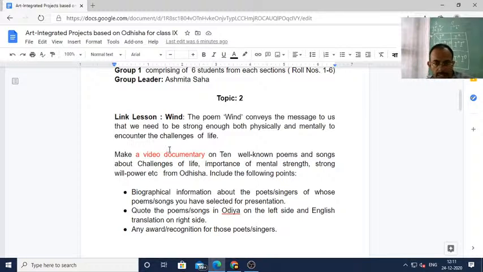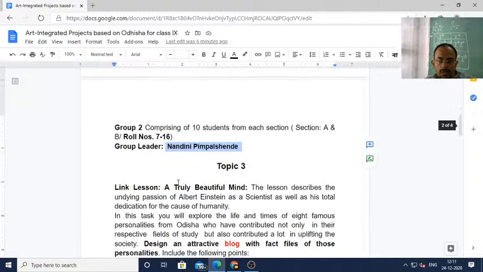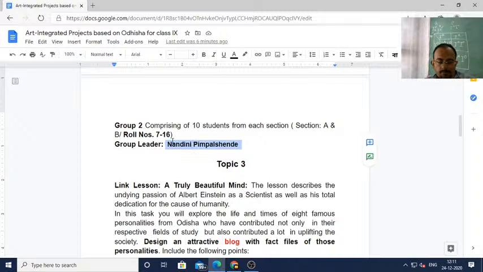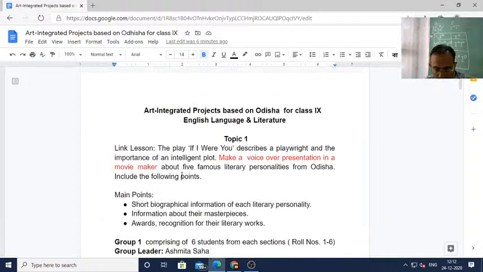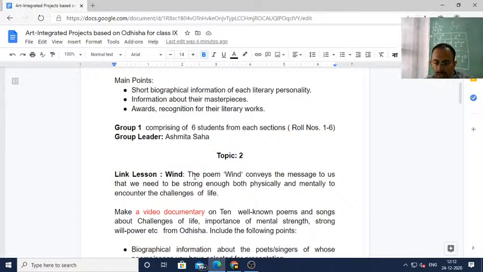I shall send to each group member the list of students according to roll number. I shall send to Asmita and Nandini the list of students from section A, and section B Patra sir will send you. So I shall send the list on your Google Classroom so that the group leaders can allot the topic to their group members.